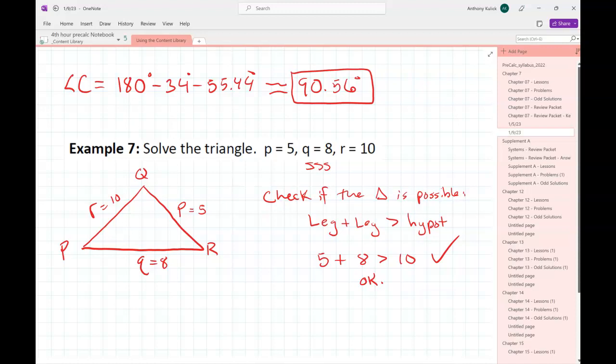What am I hoping to avoid? I want to avoid the SSA situation where I can have 0, 1, or 2 triangles. The best way to do that is to find which angle first? The biggest.